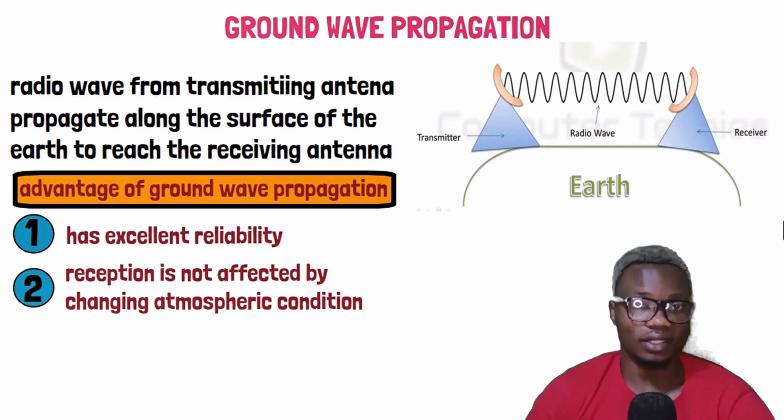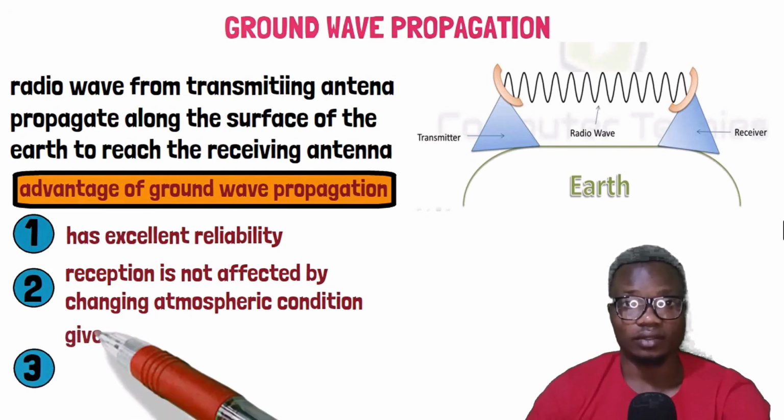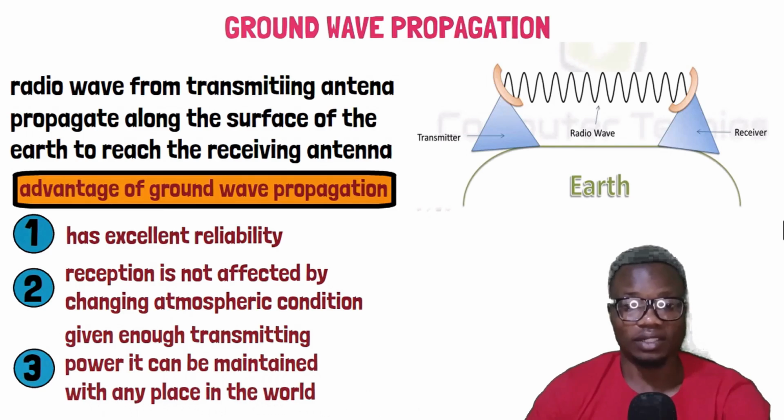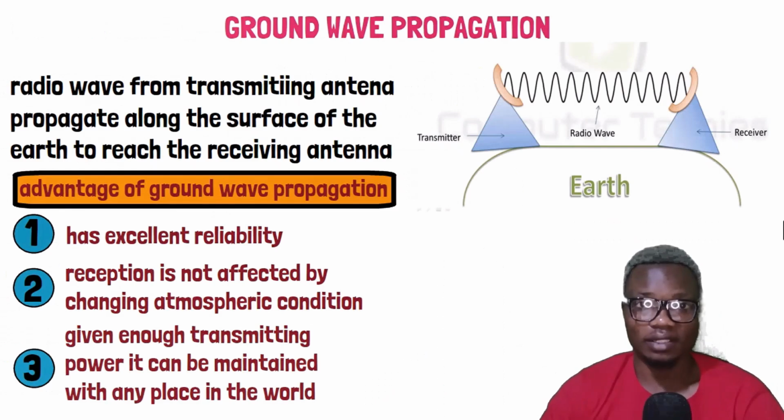Whenever there is rain or wind, the information transmission is not affected. The third advantage is that with high transmitting power, with enough transmission power, ground wave propagation can be maintained at any place in the world.